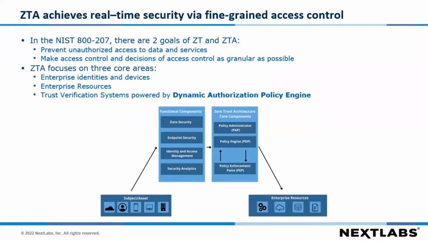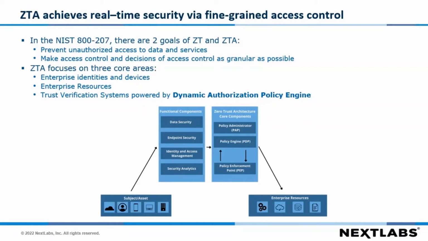There are three core areas where zero trust architecture is focusing: enterprise identities and the devices that are being used, the resources, and then the verification systems that are powered by the dynamic authorization policy engine. So those are the three core areas.